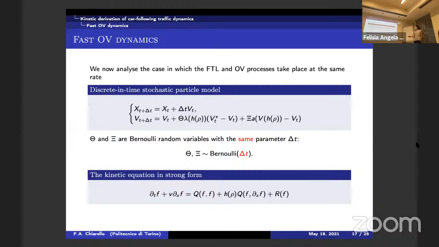So if we consider that follow the leader interactions are as frequent as the optimal velocity interactions, we can repeat the same argument, so we can write the kinetic equation in this strong form.